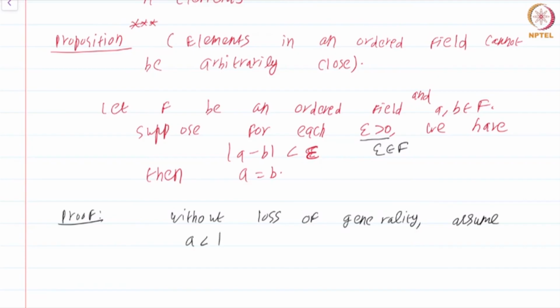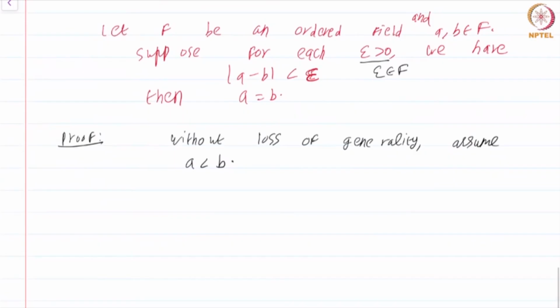Essentially, I am appealing to a proof by cases, but if I prove the case a less than b, then there is no necessity for me to prove the case b less than a. Why is that? Because at the end of the day, a and b are just symbols. If I can show that when a is less than b the result is true, obviously the same has to be true when b is less than a, because the final result does not give any priority to the role of a or to the role of b.